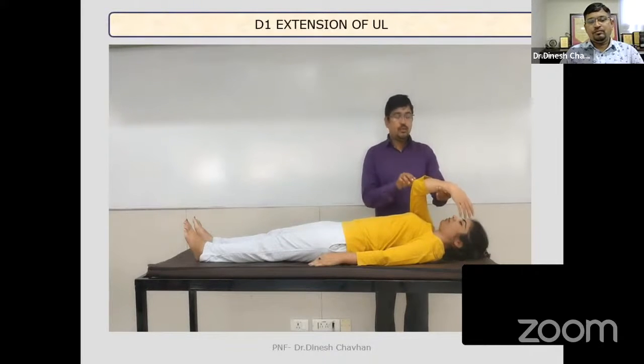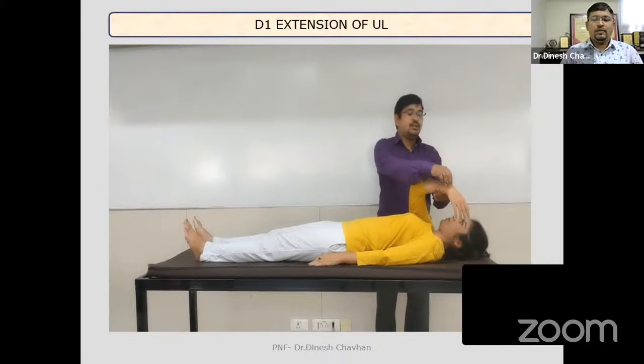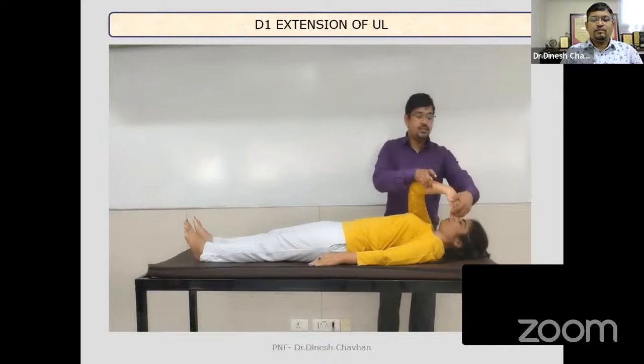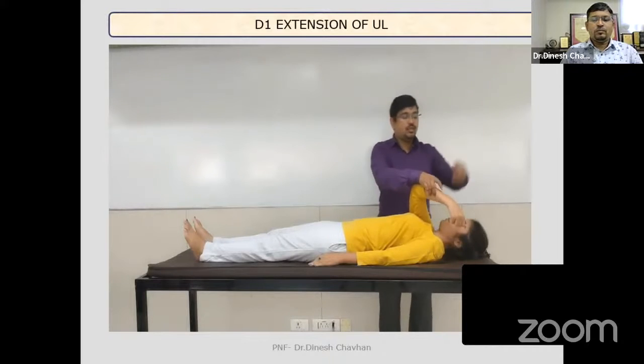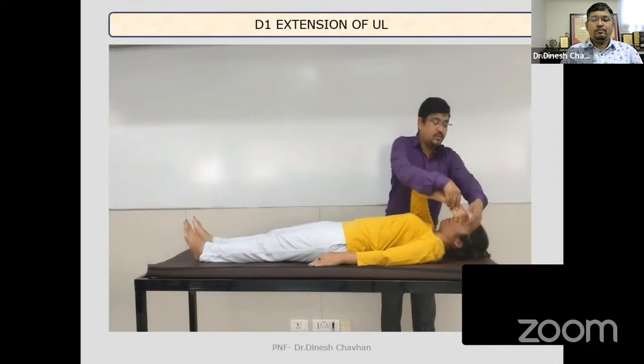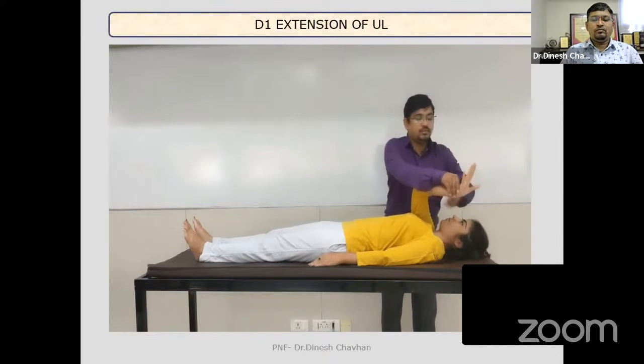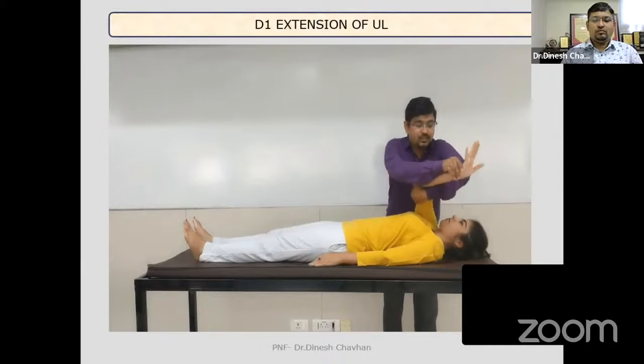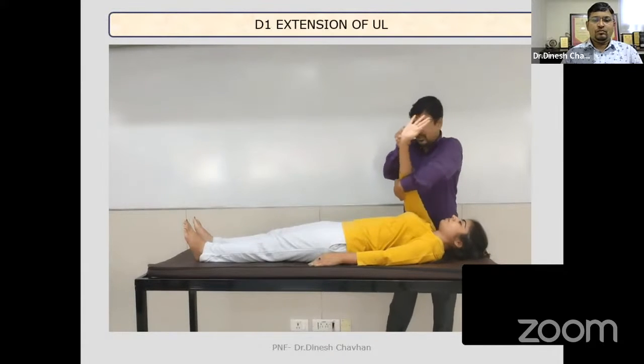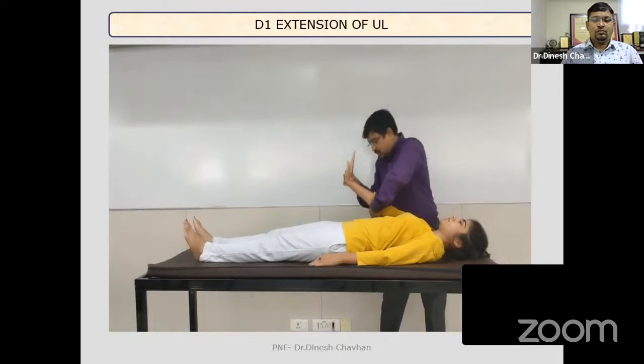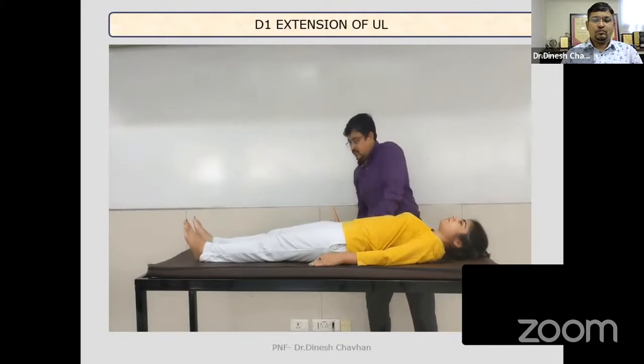Elbow flexion, wrist in flexion, supination of the forearm and finger flexion. So this is the initial position. Now open, fingers open. Distally, extension of the finger, extension of the wrist. Now I'll give a traction. Touch to the opposite side, take down. Yes, this is the ending position.